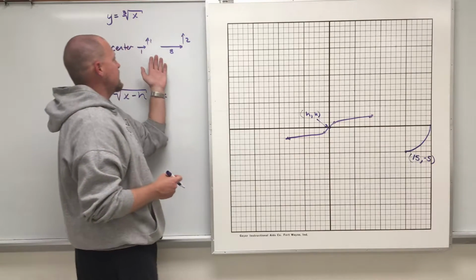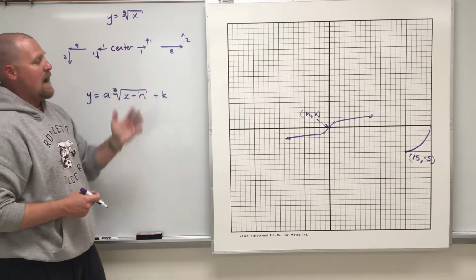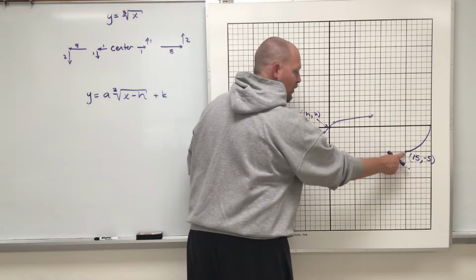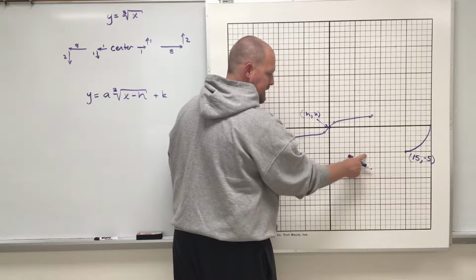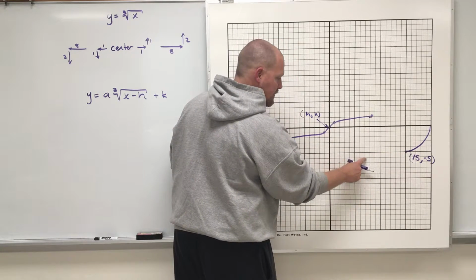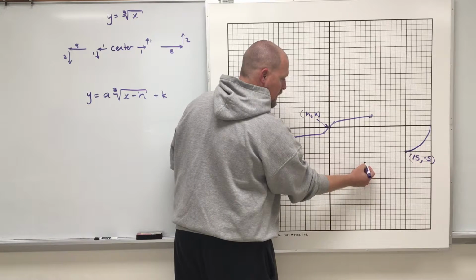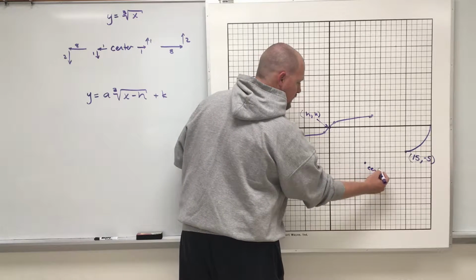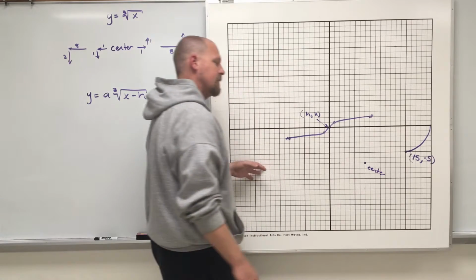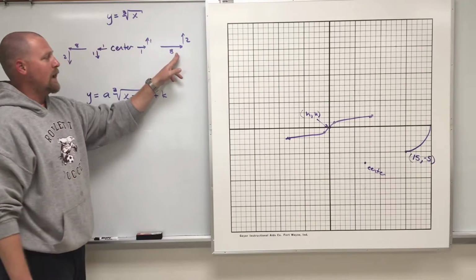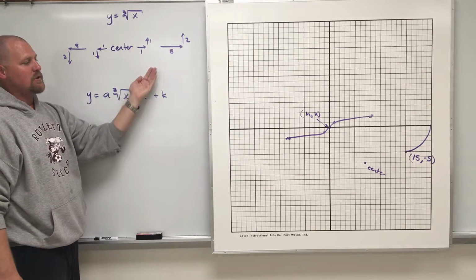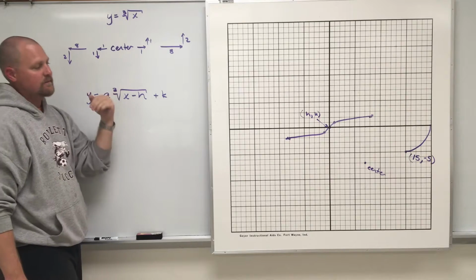So if I use this pattern, from this point I could move over 8, down 2, and this point right here is my center. Over 8 and then down 2 would be my center.